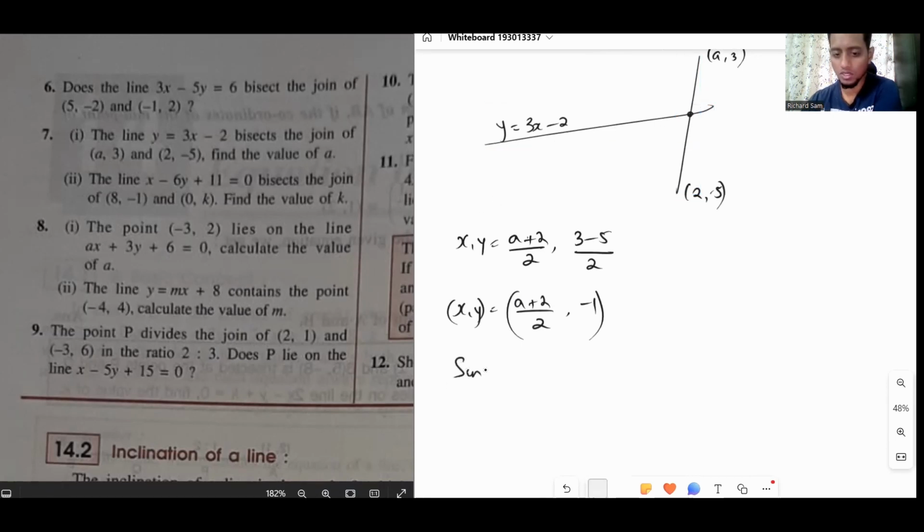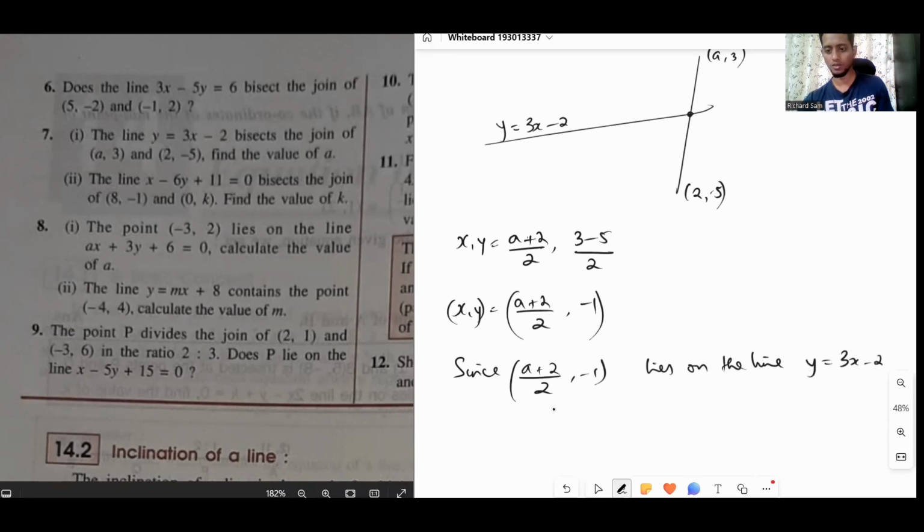So since the point ((a plus 2) upon 2, minus 1) lies on the line y is equal to 3x minus 2, put the values now. So y is how much?